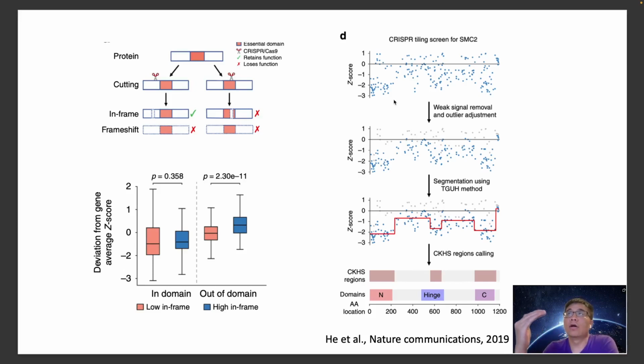If it's too weak, that means maybe the sgRNA efficiency is low, so we just remove it. Okay, we mark it as gray. If it's stronger than other nearby sgRNAs, then it may be because it has a strong target.